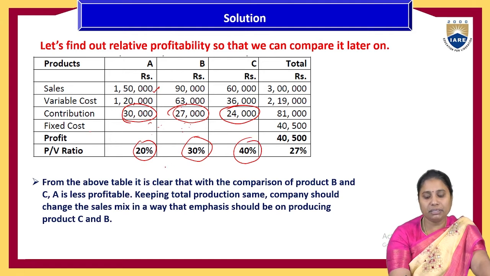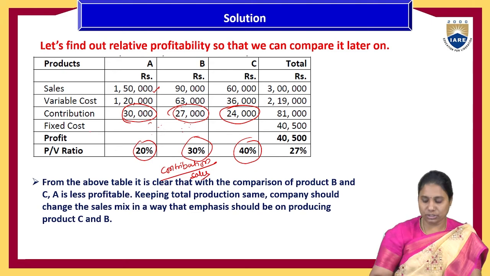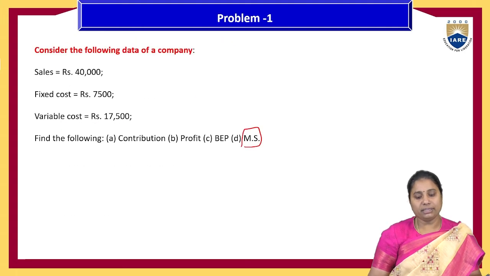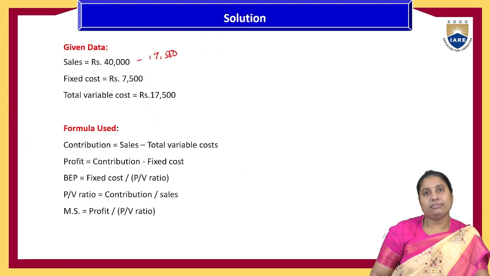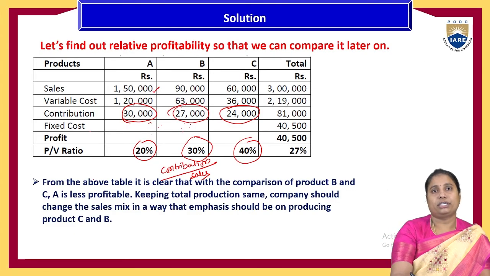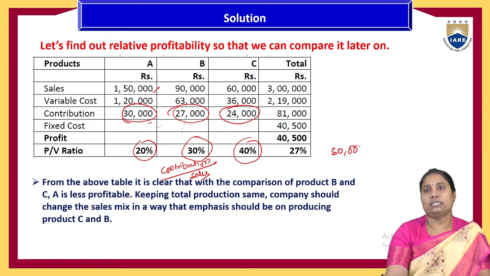How is it calculated? P/V ratio is equal to contribution divided by sales. By having that formula, they have calculated the P/V ratio. So contribution 30,000 divided by 1,50,000 into 100.